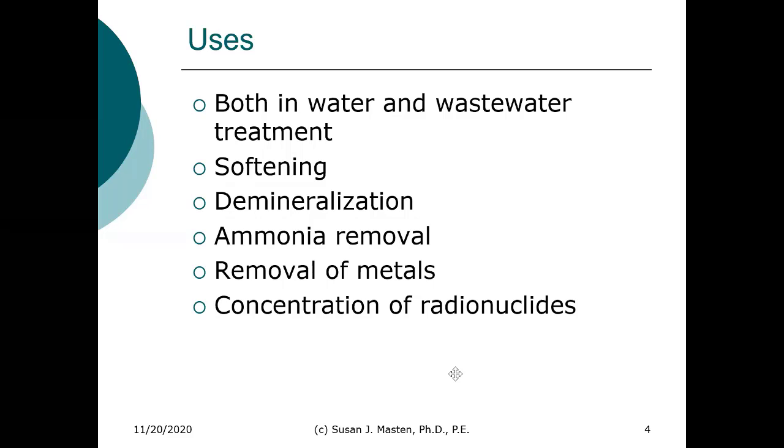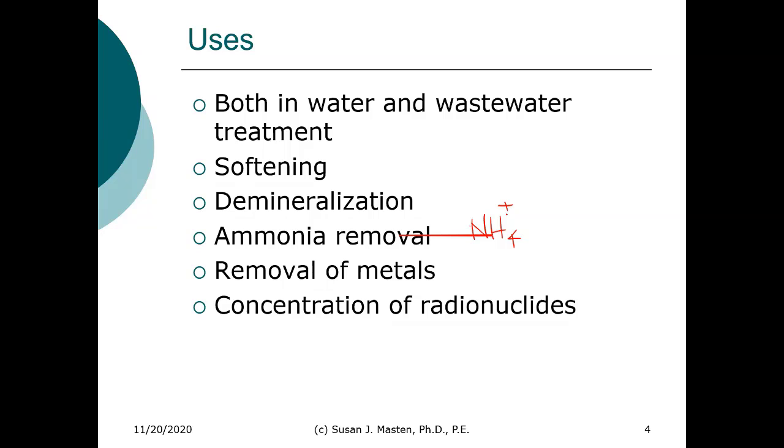So what they're doing is replacing these ions with either H plus or OH minus. We can also use it for ammonia removal. So in this case, we're looking at removal of ammonium ion, and that would be done on a cation exchange column.